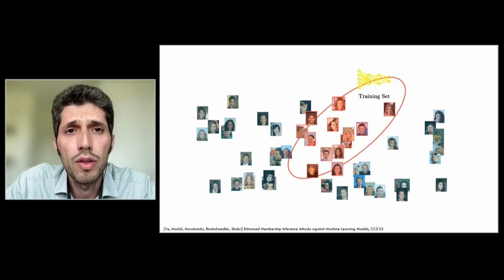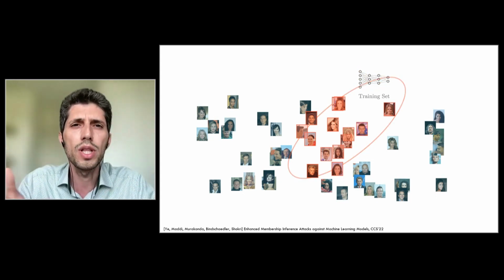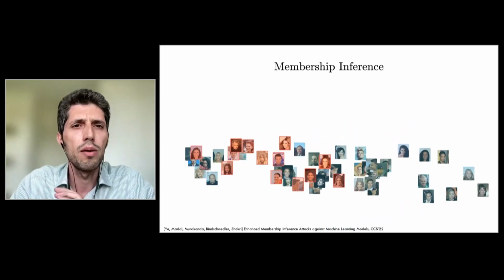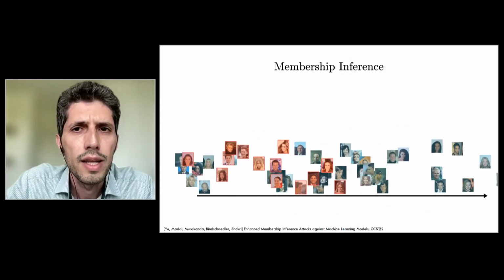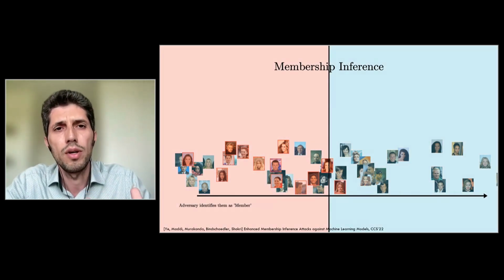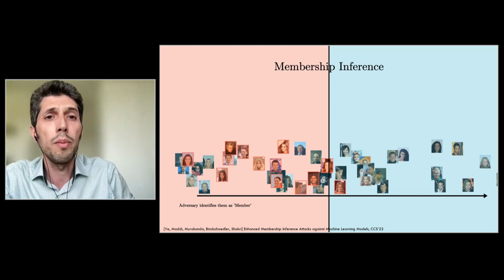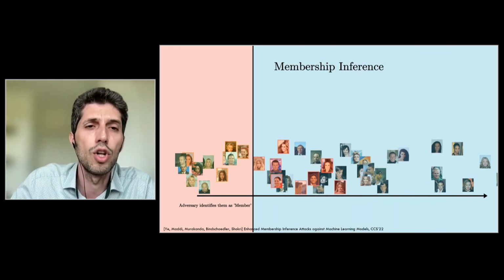We train a model on that. The adversary observes the model, and comes up with an algorithm that maps this data into some, let's say, one-dimensional space, where according to his algorithm, the ones on the left are highly likely to be members of the training set, and the ones on the right are the non-members.